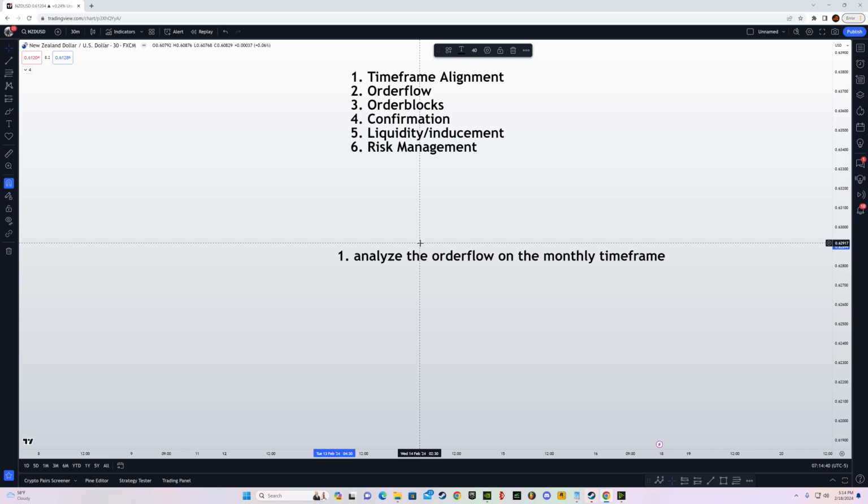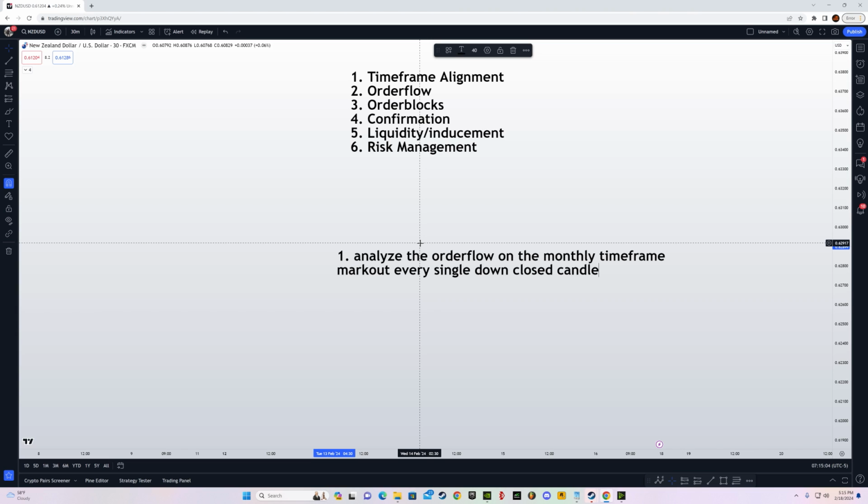All right. Now, once you have identified the order flow on the monthly time frame, let's assume that it is bullish, right? All you have to do is mark out every single down closed candle.